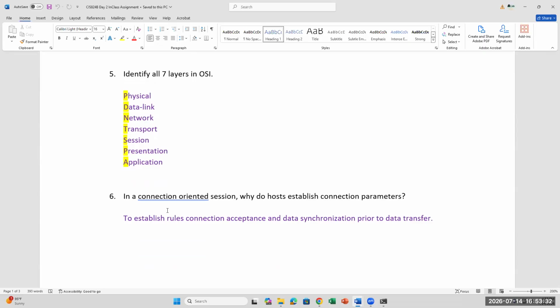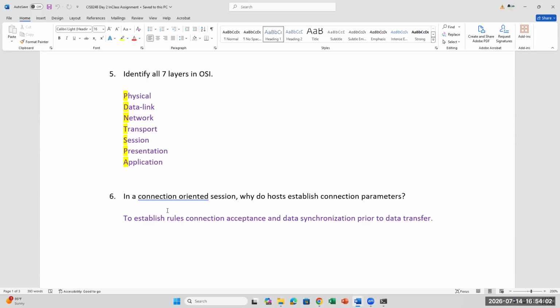One, which sounds kind of strange, is connectionless, right? And 2 is connection-oriented session. So in the connection-oriented session, the hosts, which are your computer, your communication system, have to be able to have an agreement. It's kind of like you and I agree that we're gonna exchange some homework information, right?